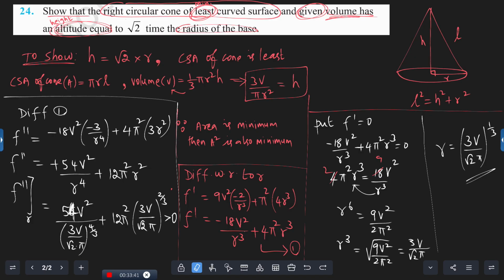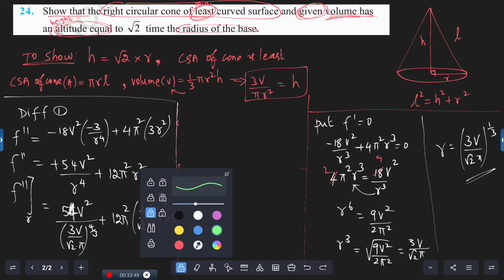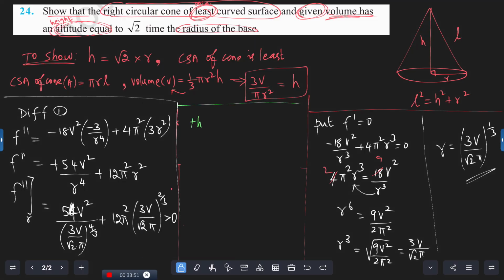So let's rub this page also. Then finally, what you have to write here: r is equal to 3 times v divided by root 2 pi whole power 1 by 3 is minima.